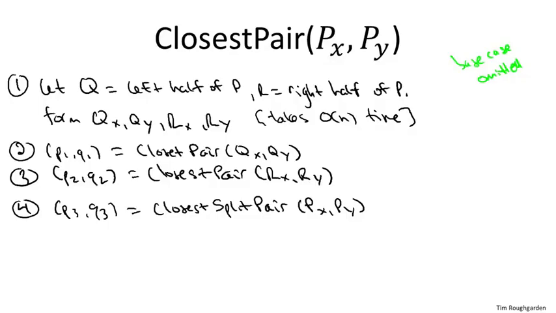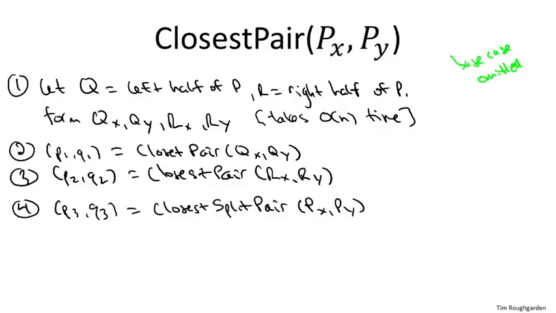We'll figure out how to implement it quickly in the rest of the lecture. Now, if we have a correct implementation of closest split pair, which takes as input the original point set sorted by X and Y coordinate and returns the smallest pair that's split, where 1 point's in Q and 1 point's in R, then we're done. Then the closest pair has to either be on the left or on the right, or it has to be split.